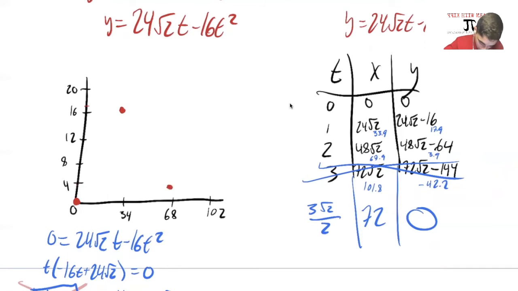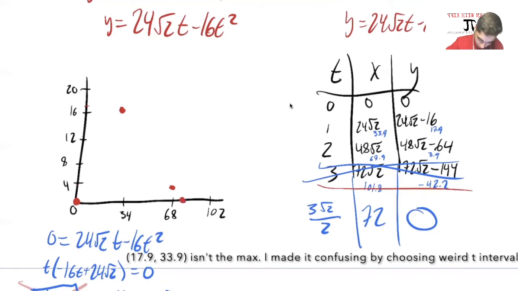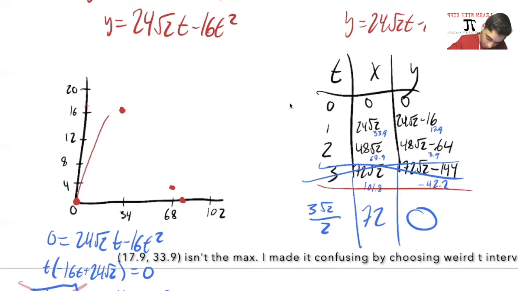Maybe I'll make that even closer to 68 because these numbers are practically 68. So it was in the air for quite a short amount of time. And then 101.8, forget 101.8, and then 72 and 0. 72 is here, I'd say. Doesn't really matter. So this is the motion.